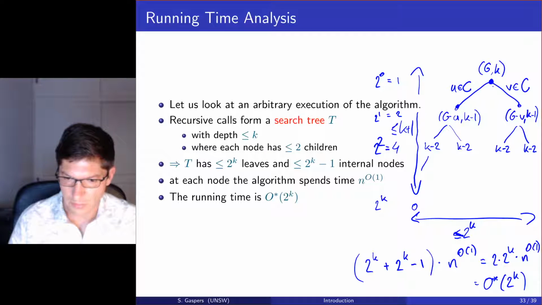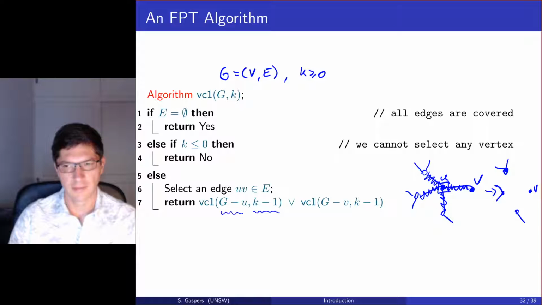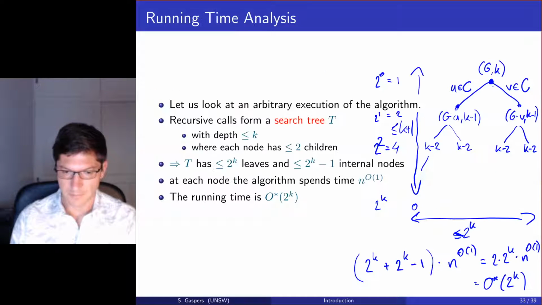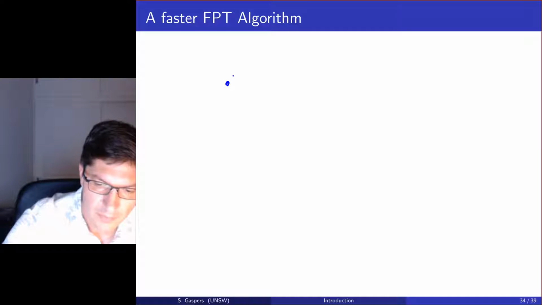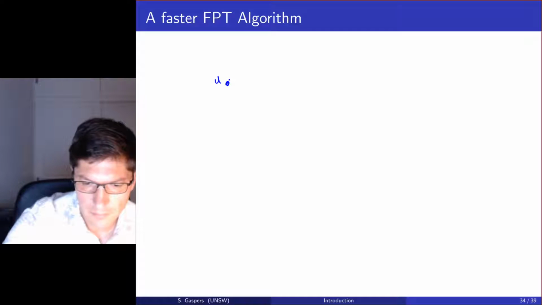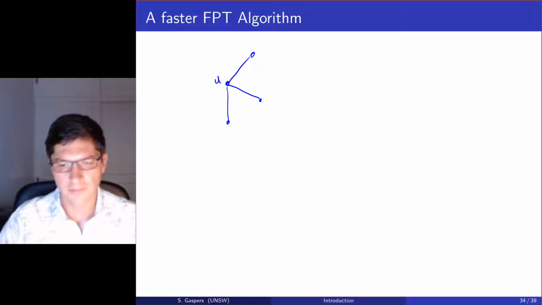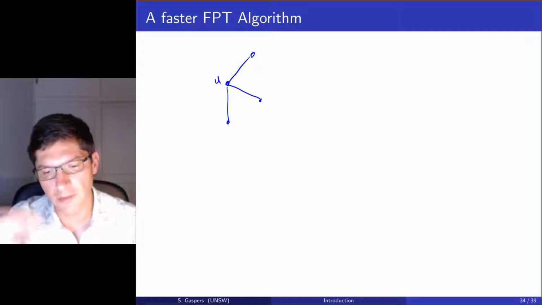So what did we exploit here? We exploited the fact that if we have an edge in our graph, then one of the two endpoints at least must be in the vertex cover. But now, if we actually look at vertex u again, it had v as a neighbor, but it had other neighbors as well, right? So we said that either we add u to the vertex cover, or we add its neighbor.